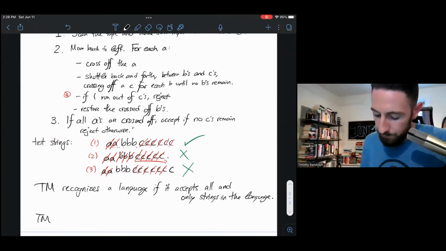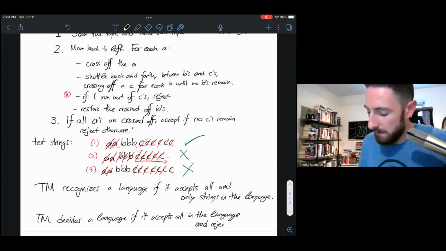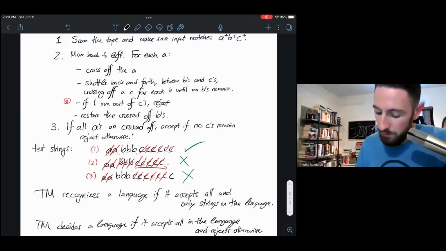And a TM decides a language if it accepts all in the language and rejects otherwise. So this is a decider.